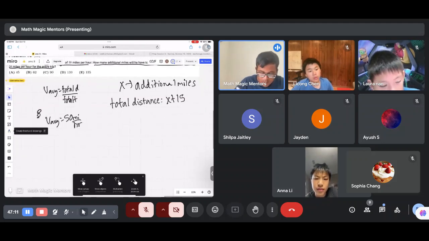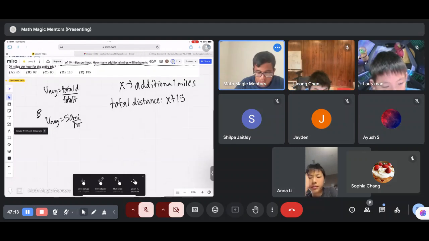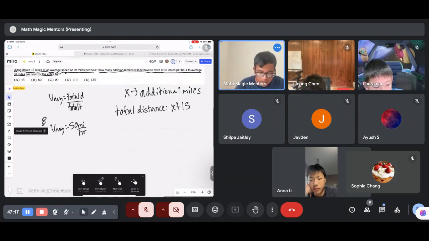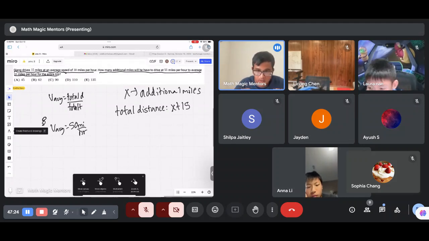So we have total distance, we have V average, and we need the total time. What's the time that Chiang travels in the first half of the trip, when he drives the 15 miles? 30 minutes, as Lucas said.